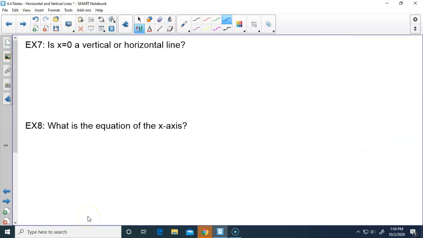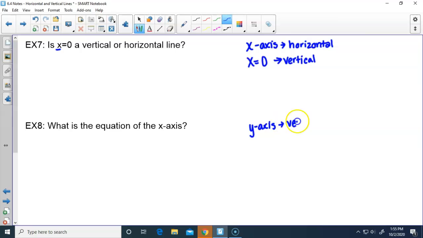Example 7 says, is x equals 0 a vertical or horizontal line? X equals 0, we know that x equals a number is always going to be vertical. It's opposite from the axes. The x-axis is horizontal. But x equals 0, that's going to be vertical. The y-axis is vertical.